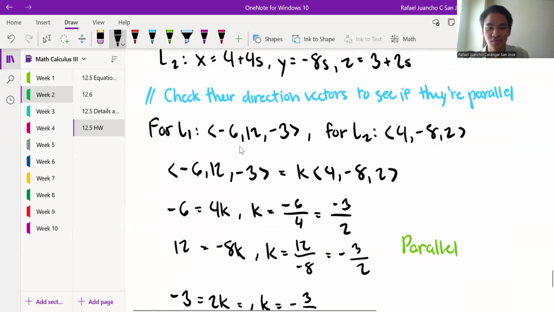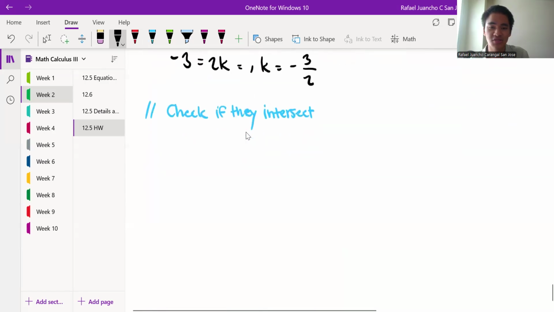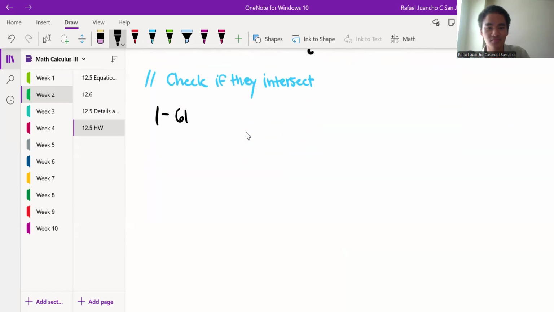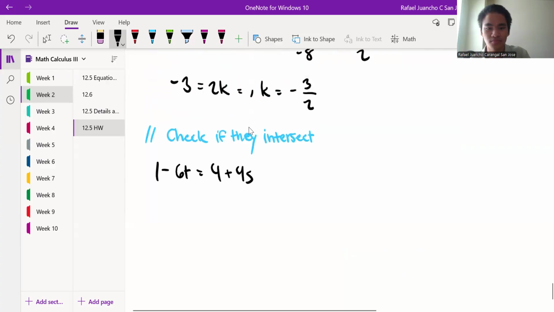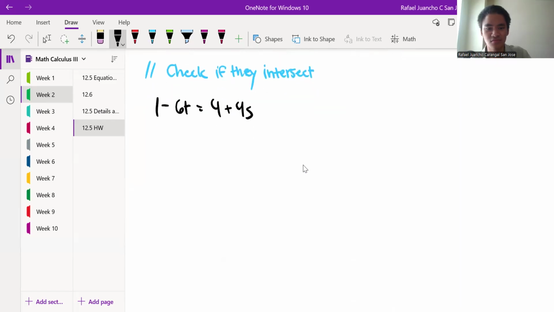So you want to see 1 minus 6t, the x components. 1 minus 6t equals 4 plus 4s. And then we have 4 plus 12t is equal to negative 8s.